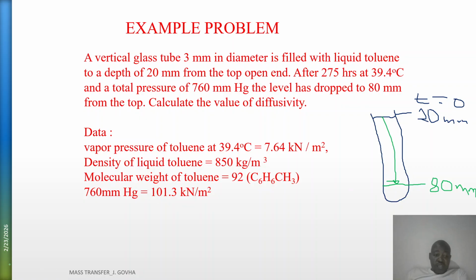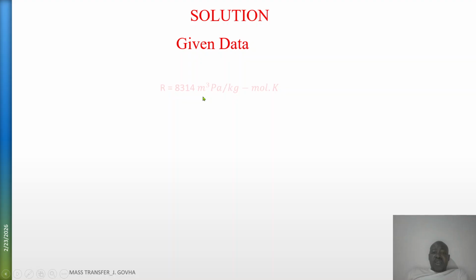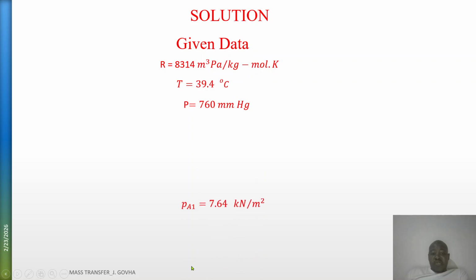So let's look at the data that we are given there. We are given our gas constant, R, which is 8314. Of course, this depends on the units that you want to apply in the equation. Then we have our T, 39.4 degrees, and our total pressure is 760 millimeter mercury.